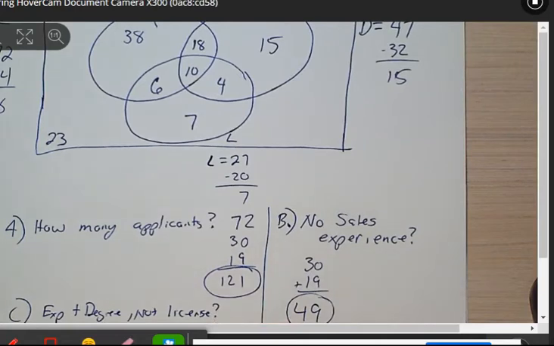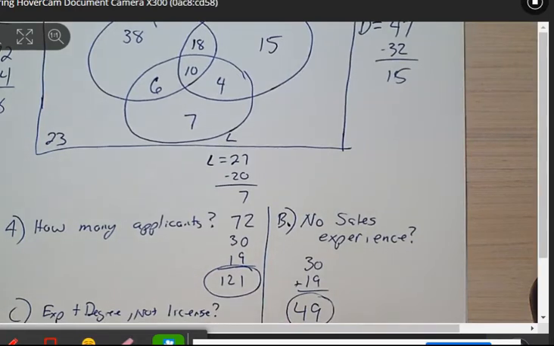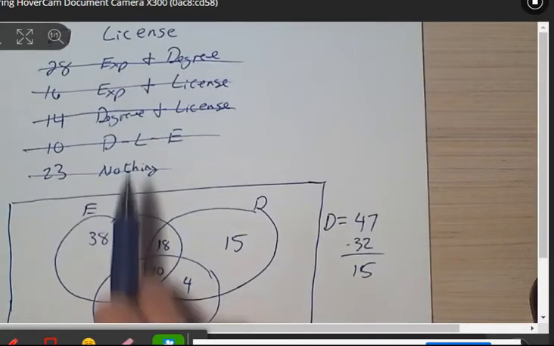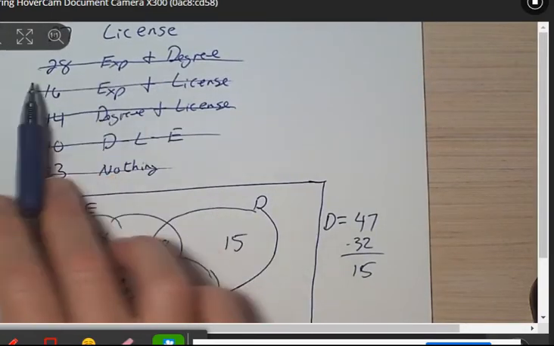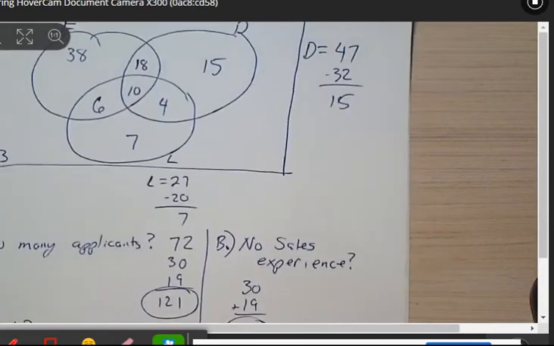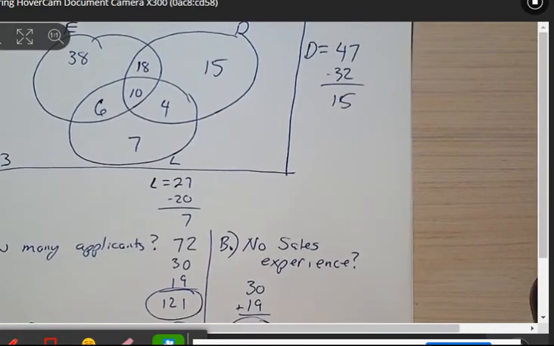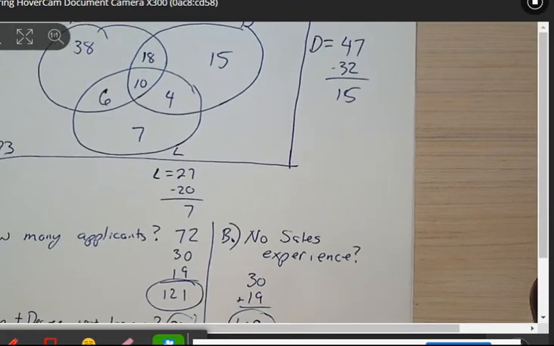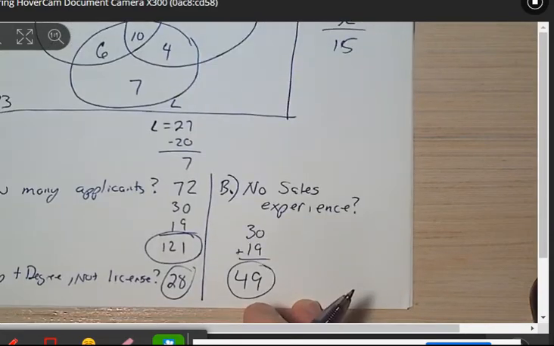Well, that one, to me, they basically gave it back up here. Because if you go back to see what had experience and degree, well, they told us there were 28 people that had an experience and a degree. So that one, you just have to read what they were given in that case. So don't know if they didn't realize that in the question, but anyway, that's what they asked for.